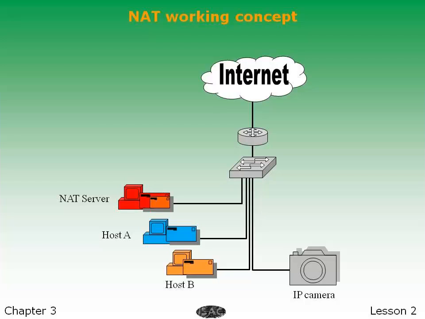Of course, as you saw in previous lessons, IP addresses are limited. Although there are a lot of IP addresses in Class A, Class B and Class C overall, the number of IP addresses is limited.